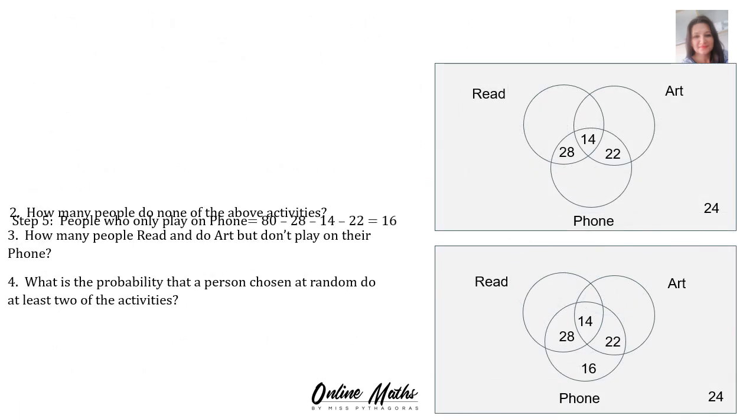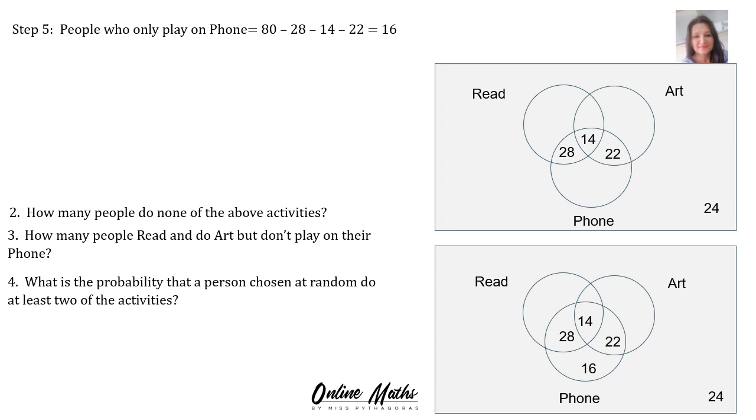Step 5. People who only play on their phone will be 80 minus 28 minus 14 minus 22, which is equal to 16. Step 6.